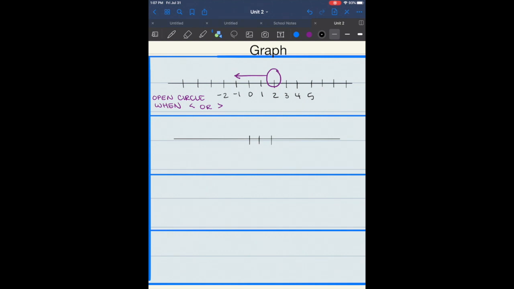And our number line is going to have an open circle again because we don't have an equal to sign underneath. So it's just the arrow without an equal sign underneath. And we're going to be pointing towards the greater values. So that's going up on the number line, which is to the right.